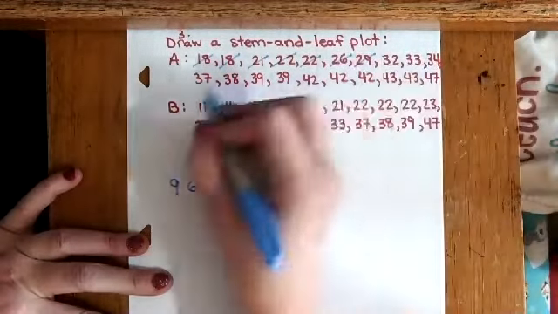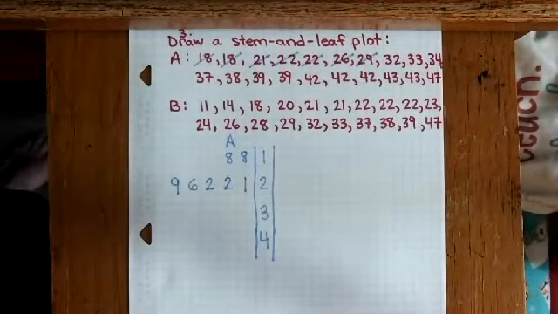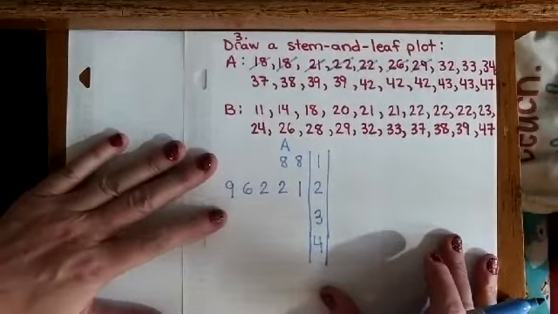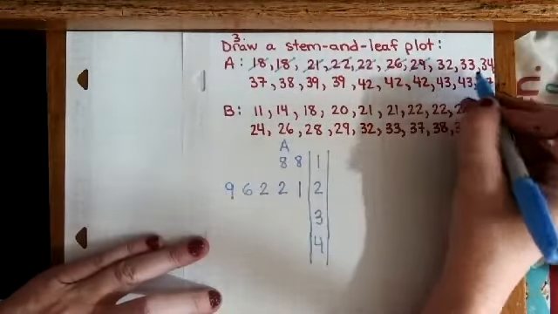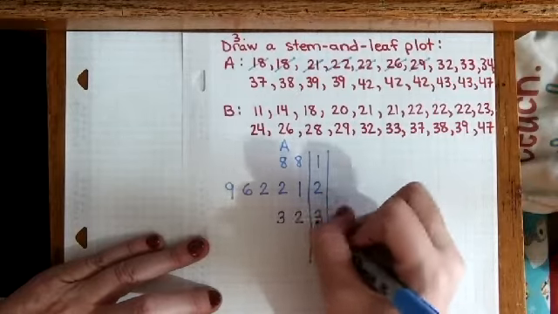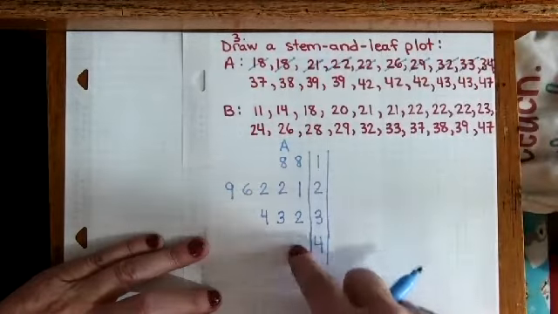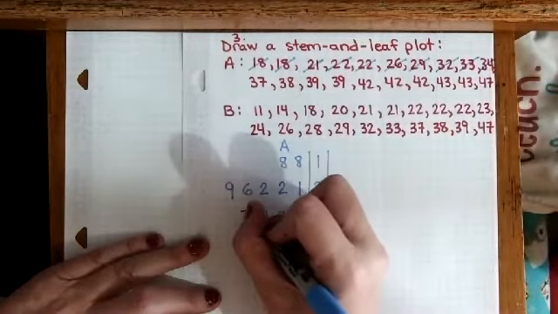Now let's put our 30s on our list in order. I might need extra paper. Okay, so for our 30s, we have 32, 33, 34. One thing that we're doing is we're keeping our columns in order so that we can see information like frequency.